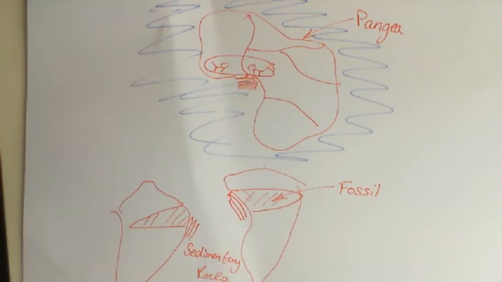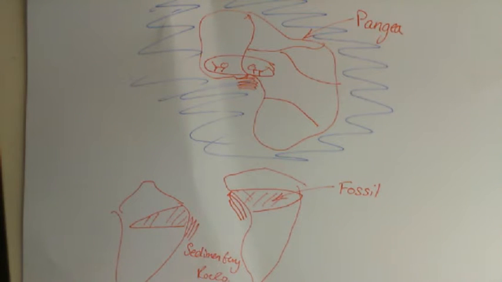Okay, and the last one is called jigsaw fit. Basically, if you look at a map of the world today, it looks like some of the bits used to fit together, so we call that jigsaw fit. So they're the three pieces of evidence: fossil record, rock record, and the fact that it looks like it used to fit together, and we call that jigsaw fit.